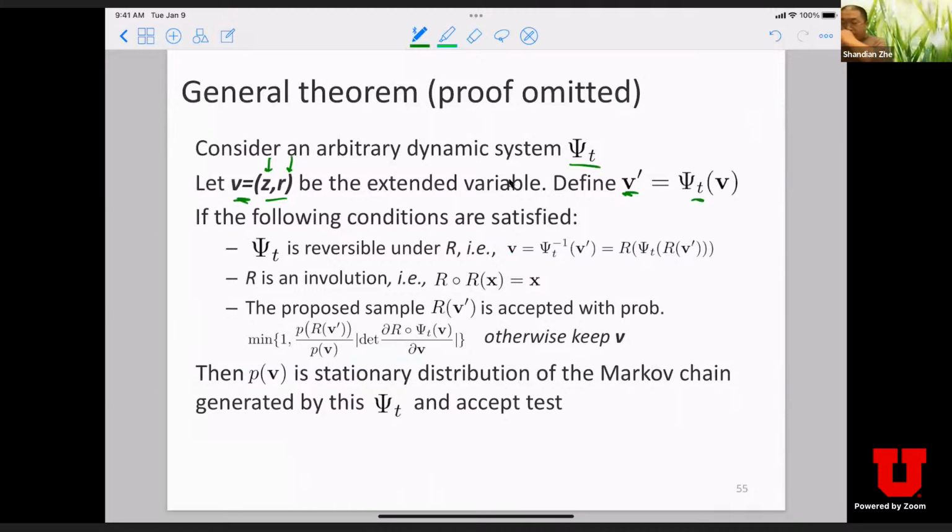If the following conditions are satisfied, then we claim that this distribution P of v is a stationary distribution of the Markov chain generated by psi t and the acceptance test. Of course, P of v will be involved in these testing conditions.